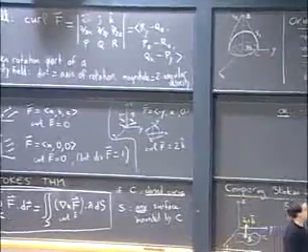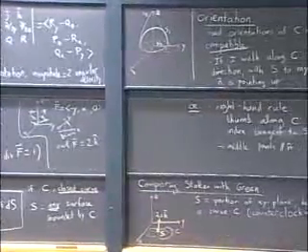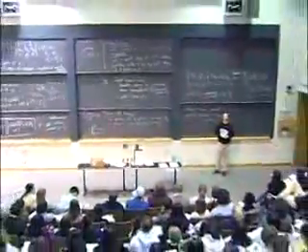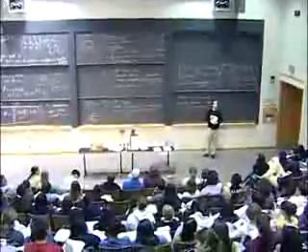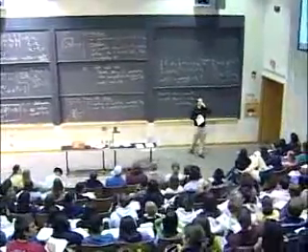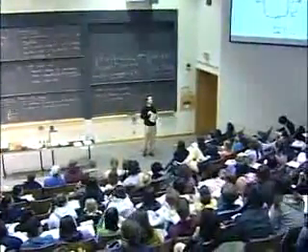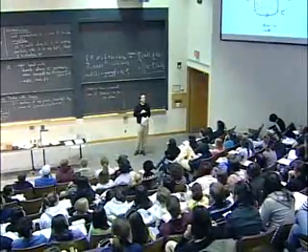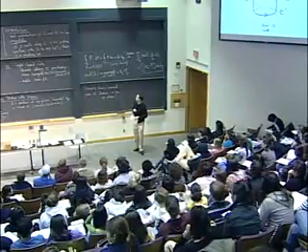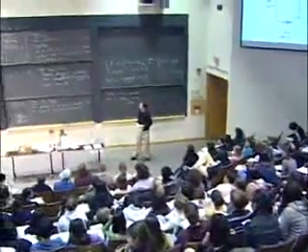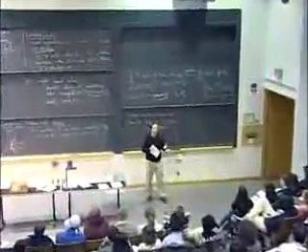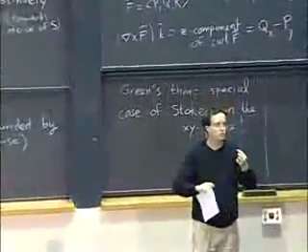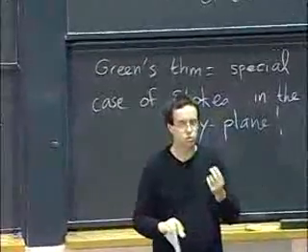Okay. Any other questions? Yes? If you have a closed surface... So a surface that you use in Stokes' theorem is usually not going to be closed, because its boundary needs to be the curve C. So if you had a closed surface, you wouldn't know where to put your curve.